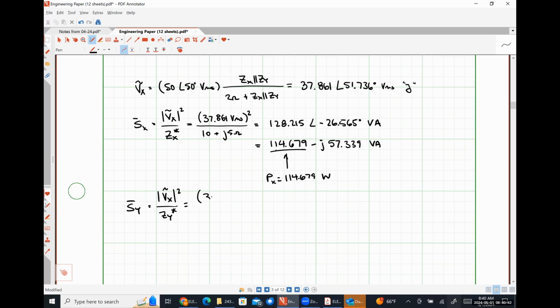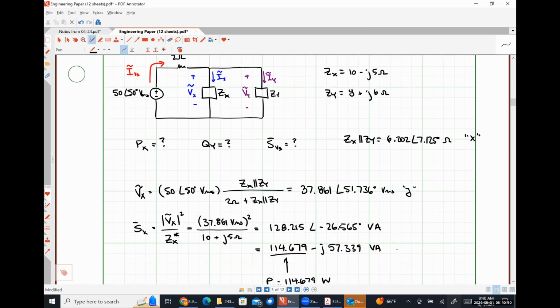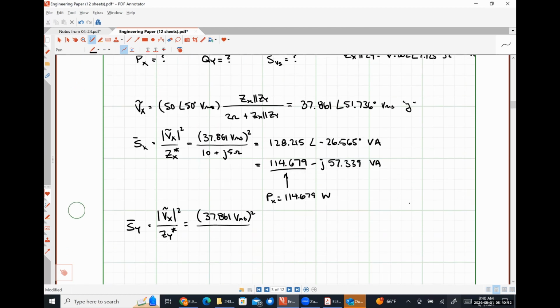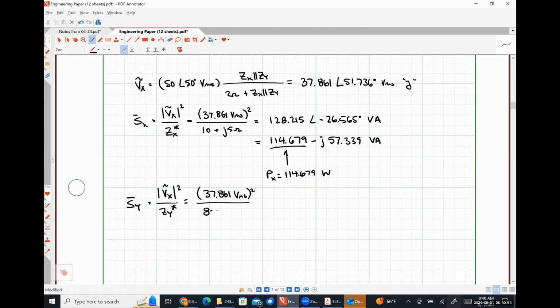So once again, we're going to have 37.861 volts RMS squared. ZY was 8 plus J6, so ZY conjugate is 8 minus J6. So the magnitude of what I have stored as Vx squared divided by 8 minus 6J.